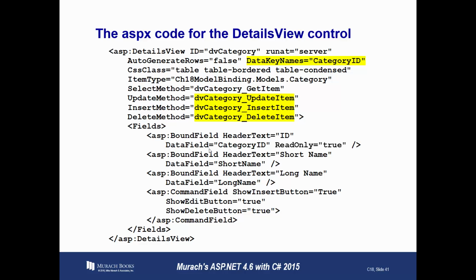This property is not generated for you when you create the details view control, so you need to add it. That's because it's used by update, insert, and delete.